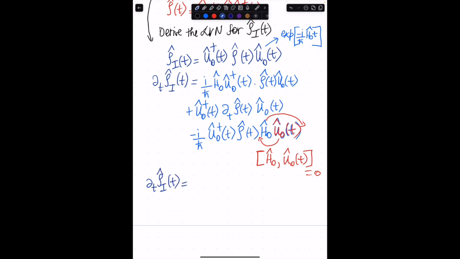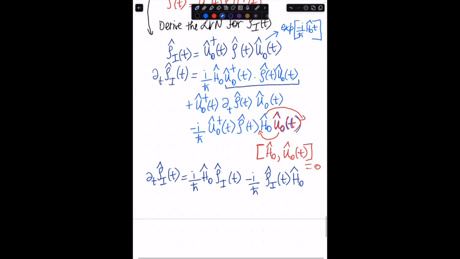T is equal to i upon h bar, h0, times this is just rho hat I(t) from above, minus i upon h bar times you have U hat dagger(t) rho(t) U hat(t), which is again rho hat I(t), h0.